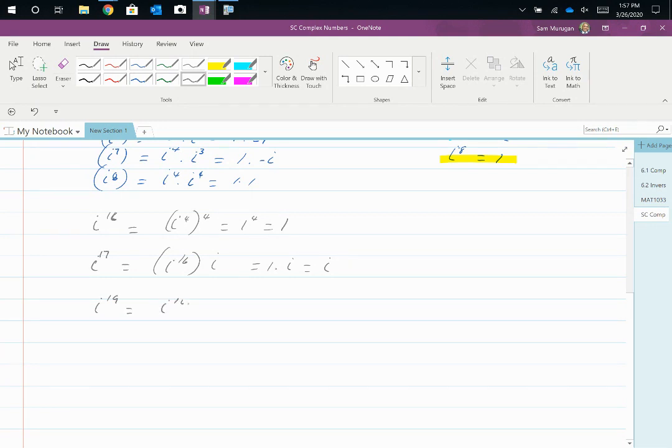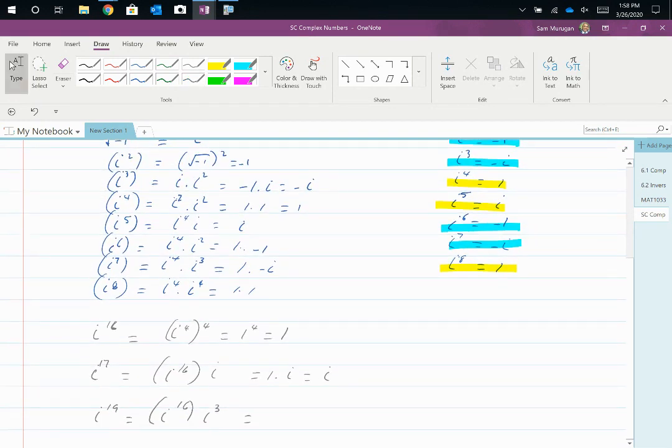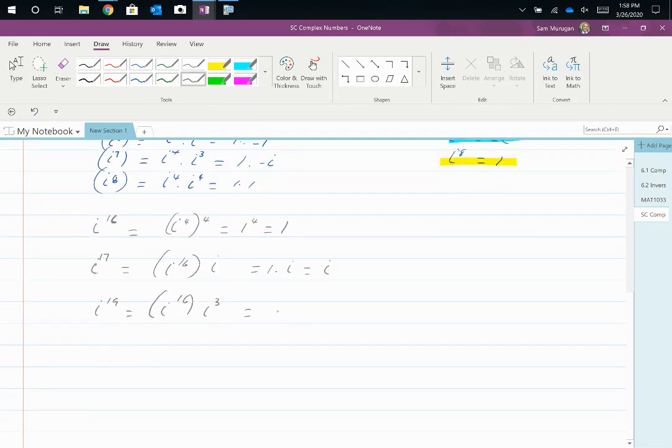So this is i to the 16th power times i cubed. And we know from our little cycle that i cubed is negative i. So this is 1 times negative i, which is negative i.